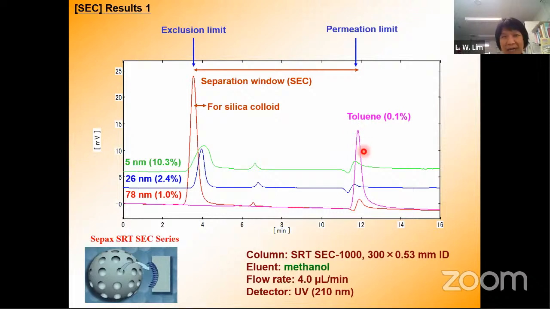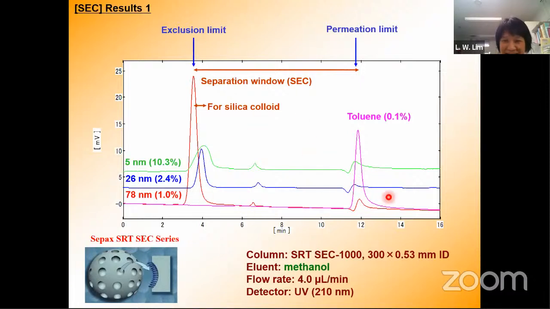Toluene is a very small molecule, and this molecule will go through all the small holes in the column. So the toluene peak is called the permeation limit. Between the exclusion limit and the permeation limit, we call it the separation window of the SEC. The biggest size will come out here, and the smaller size will come out with toluene. In between, only sizes between toluene and the biggest silica will be separated inside this range.